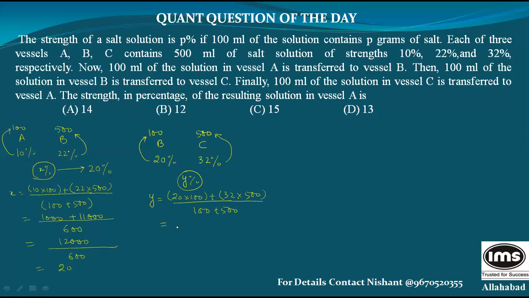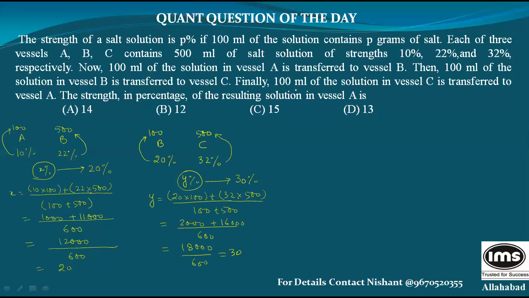Now this finally gives me 2000 plus 16,000 divided by 600, which is 18,000 by 600, that is 30. So we can say the value for this is 30. That means the concentration of the mixture of B and C is 30%.